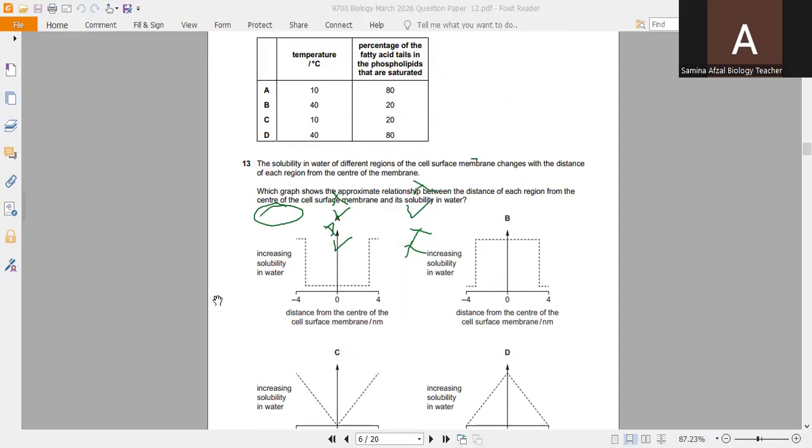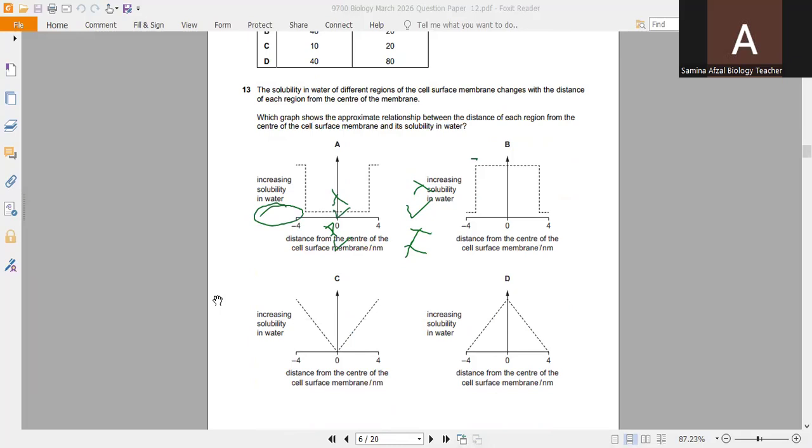Now, question number 13 is there, and question number 13 is, the solubility in water of different regions of the cell surface membrane changes with the distance of each region from the center of the membrane.